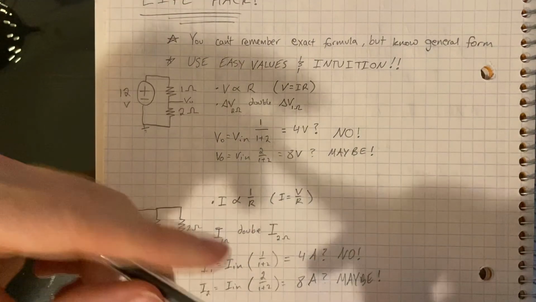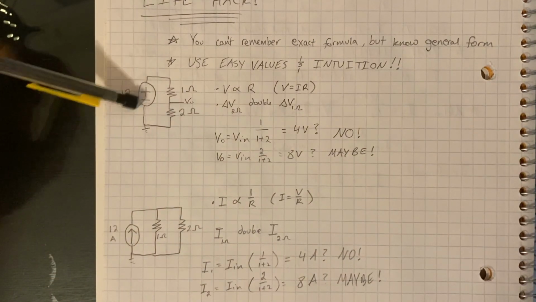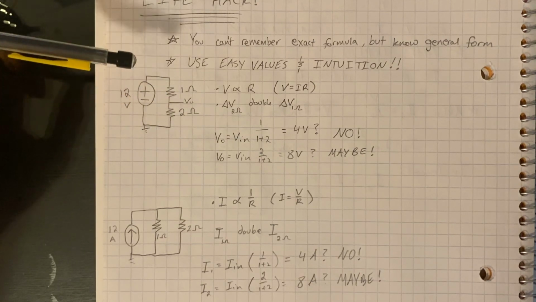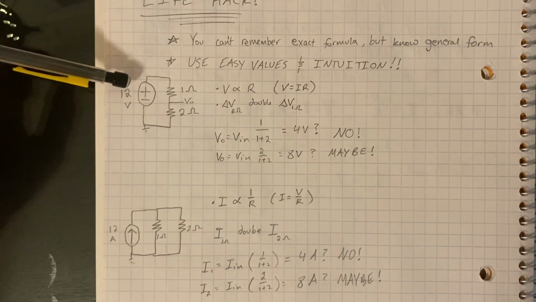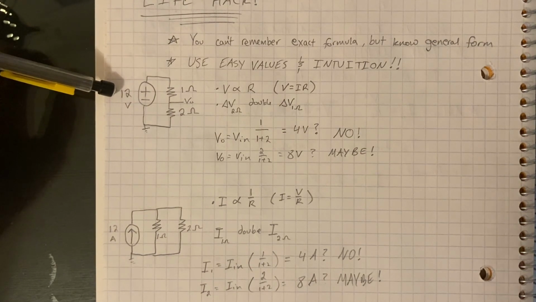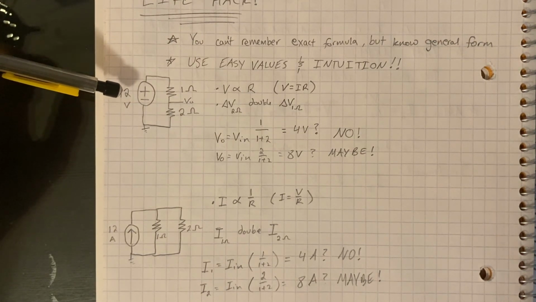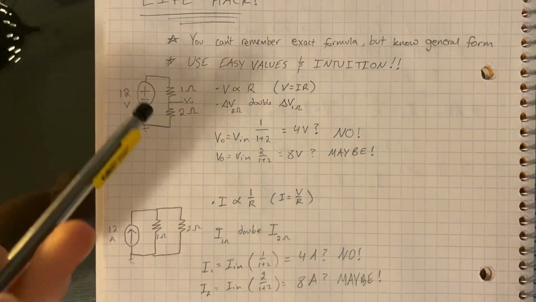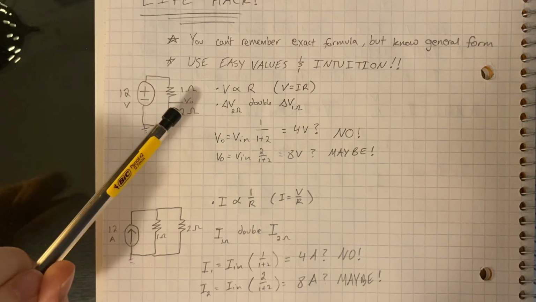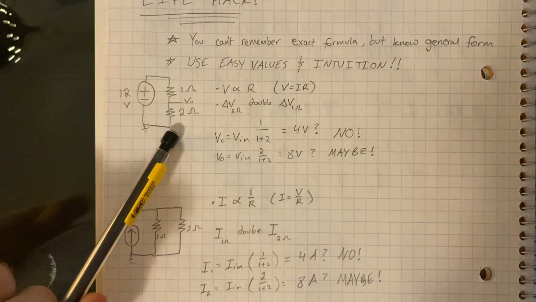So even if you're given some circuit with a weird value for voltage and 2 very different resistances, just have a piece of scratch paper and put this exact circuit down. I like to use 12 because it's a multiple of 2, 4, 3, 6. So you're guaranteed to get kind of an easy answer. And then why not use 1 and 2 ohms if it's just a play example anyway.